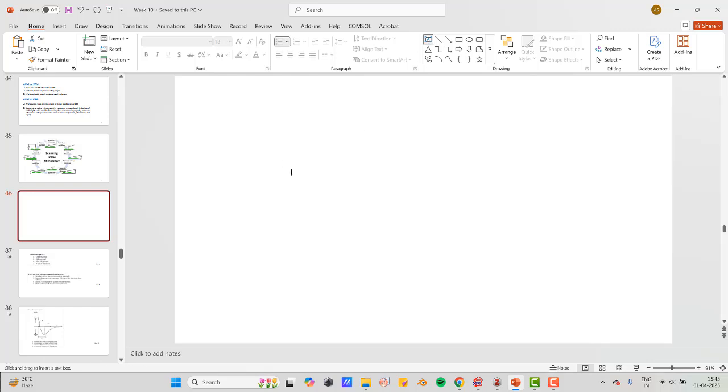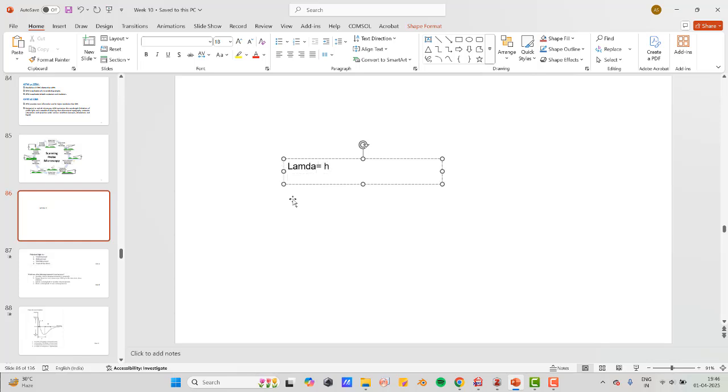Yeah, I understand. So the de Broglie equation is, I'll just write it down, lambda equals h by m nu. So this is the equation. So what is your question basically? You have to solve the numerical, right?